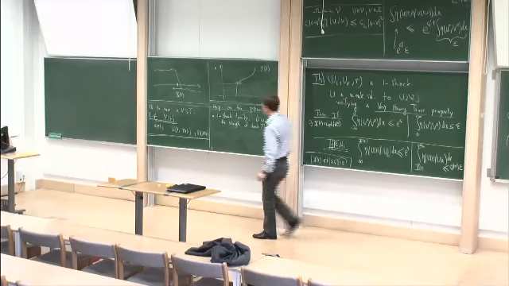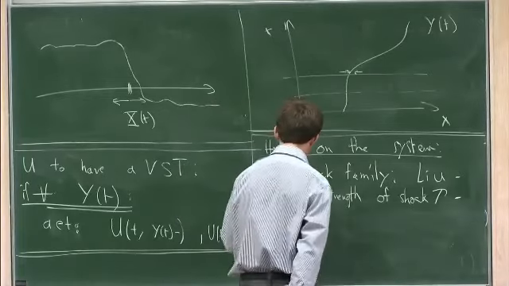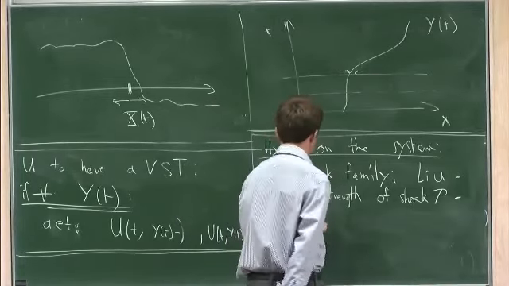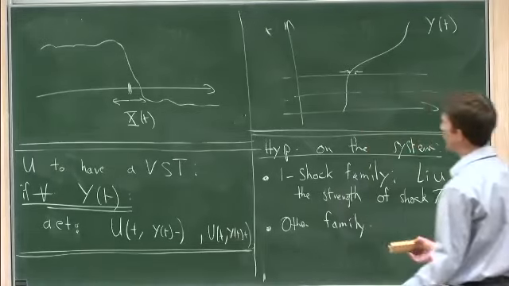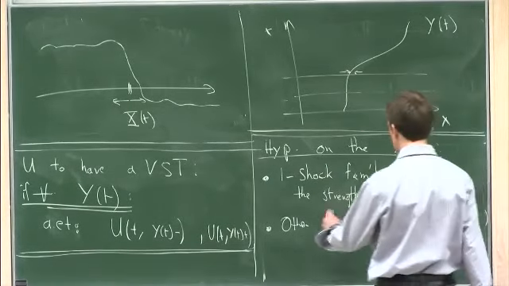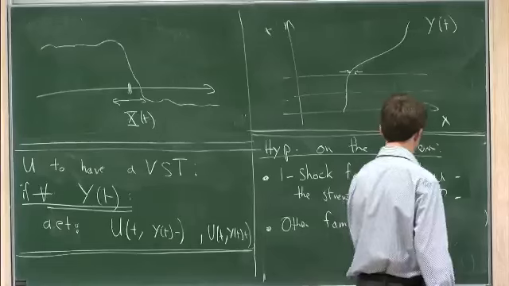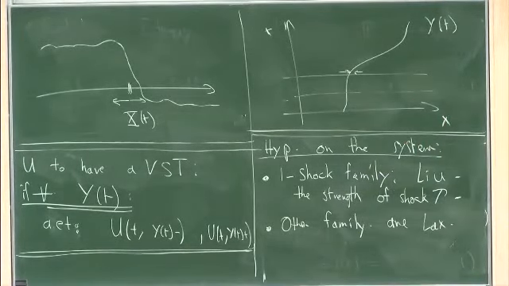This is the thing which comes up. What I need on top of it is that the other family of shock, classically, if you have R m, you will have m families, right? So for the other families, all of them are Lax. Basically, it means just that they decrease their entropy. That's it. I really need very little on that.